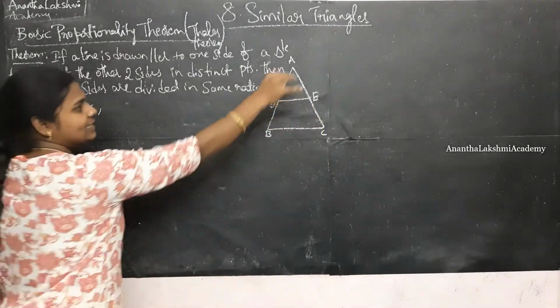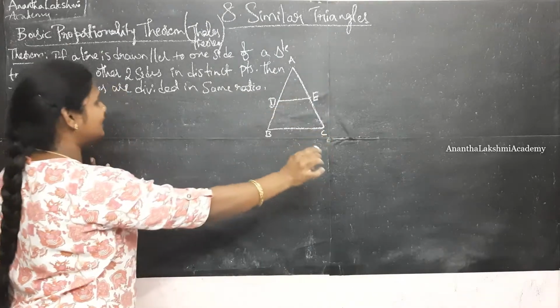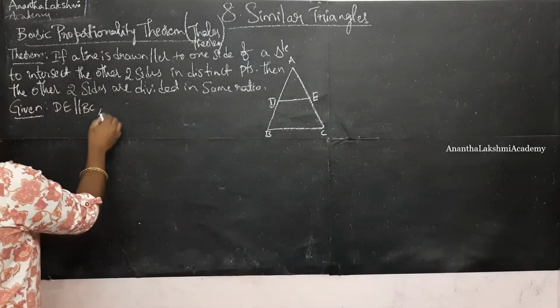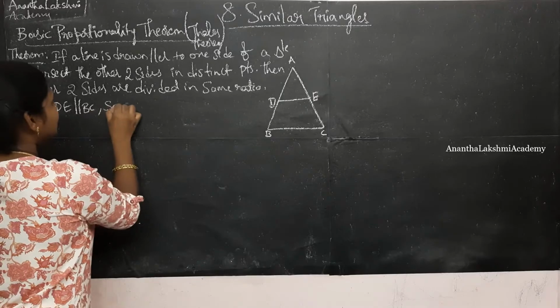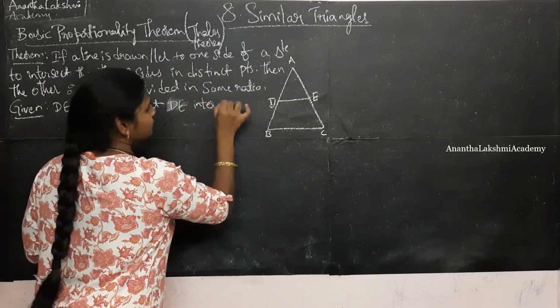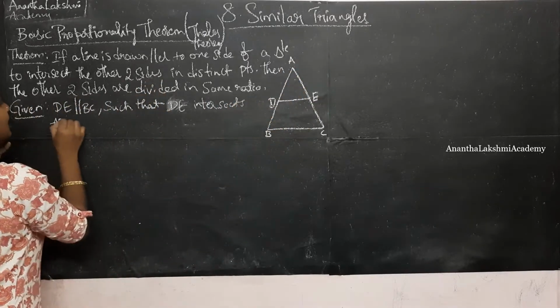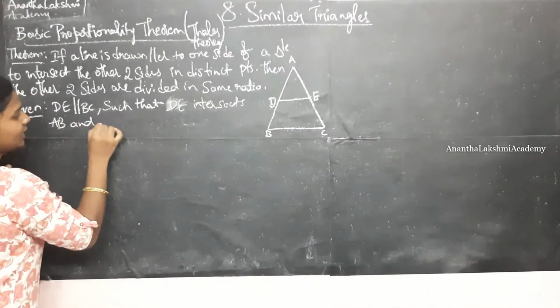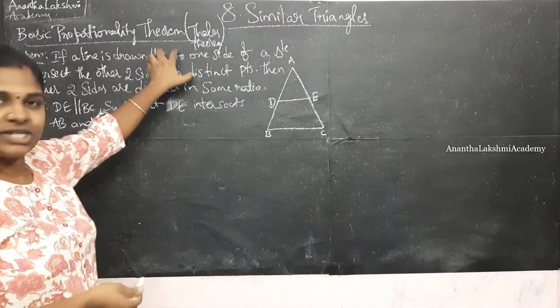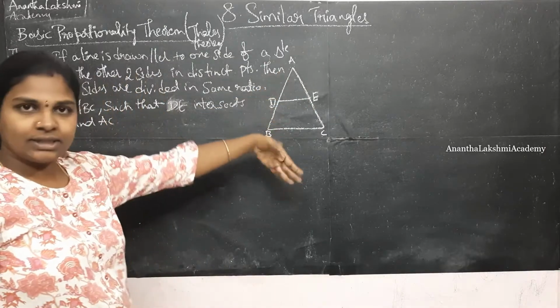So D is intersecting AB and E is intersecting AC, isn't it? DE is parallel to BC such that DE intersects AB and AC. That is what is given, right? It was just mentioned in the statement. We just wrote it in the form of a figure by naming the triangle.